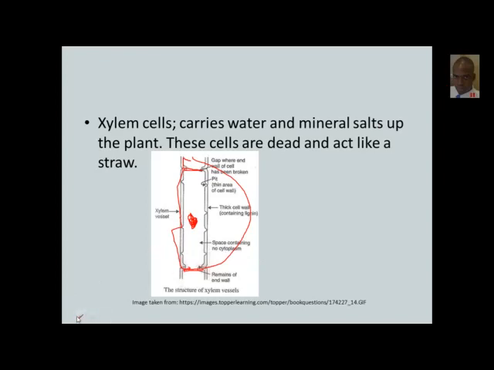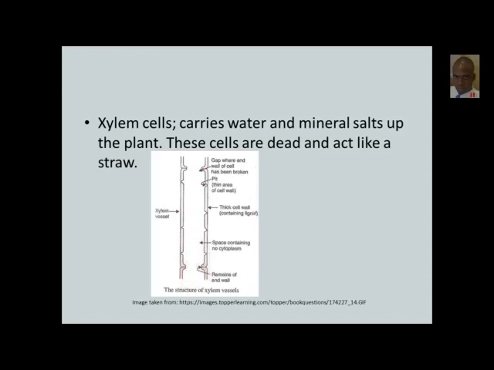But what happens is that as the cell becomes modified, the end walls are broken down, and so all of the contents of the cell pass out, so therefore the cell dies. These walls are also lignified, so that's why no water will leak through them.